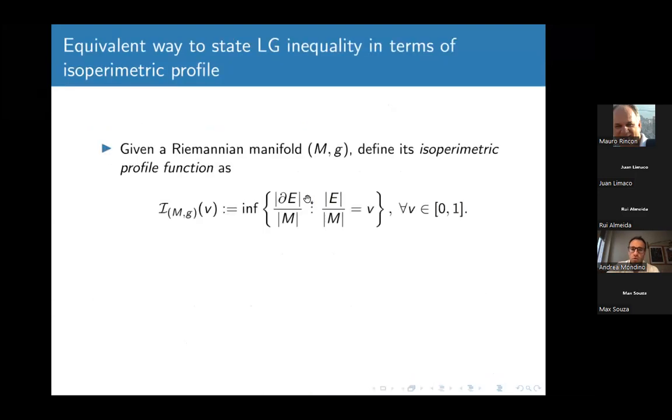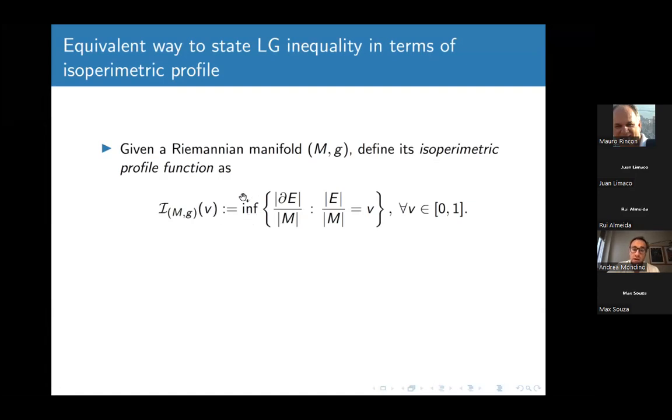So, in order to simplify the notation for later on, let me introduce a little bit of notation. Given a Riemannian manifold M, we define the isoperimetric profile function of the manifold as follows.